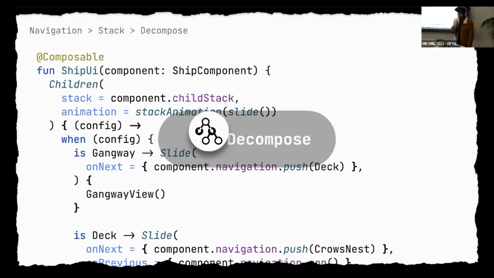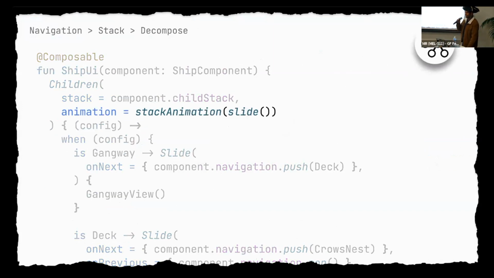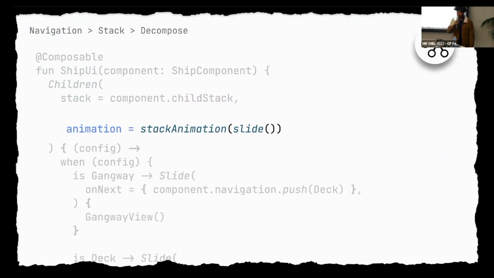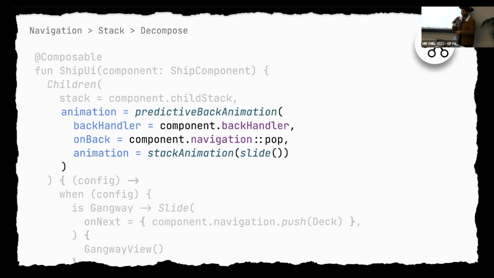With Decompose, you have a similar overloaded method, which provides you with an animation API, which is similar to the foundation APIs. Decompose also provides support for predictive back animations. So off the shelf, you can actually use that and have predictive back animations, not just on Android, also on iOS.